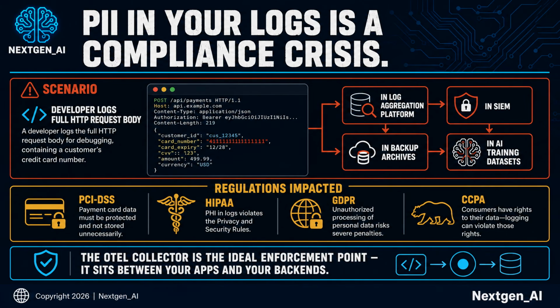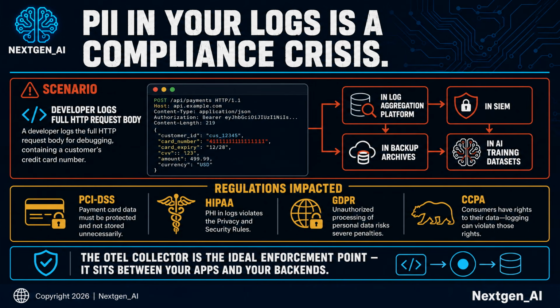As we capture increasingly granular telemetry data, we introduce a significant risk: the accidental logging of personally identifiable information, or PII. When auto-instrumentation captures full SQL statements, HTTP payloads, or verbose error messages, it is incredibly easy for credit card numbers, social security numbers, passwords, or authentication tokens to slip into the telemetry stream.